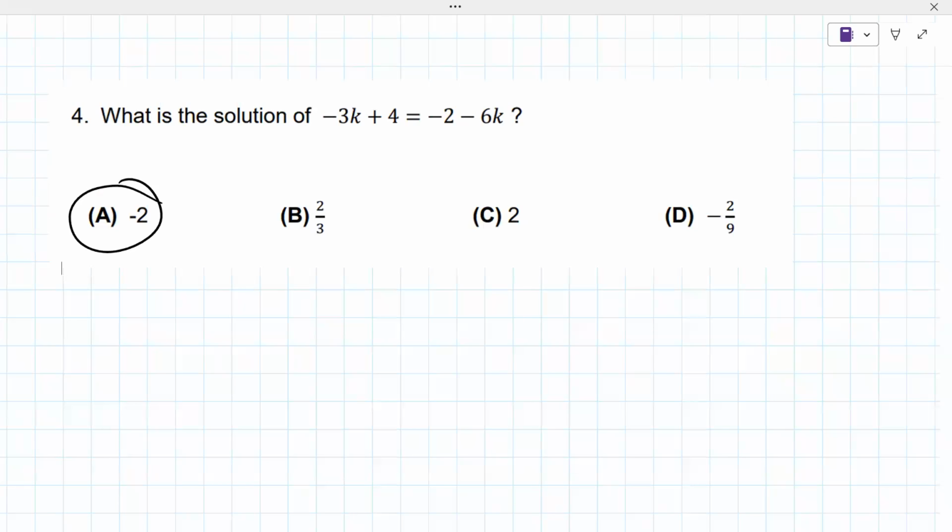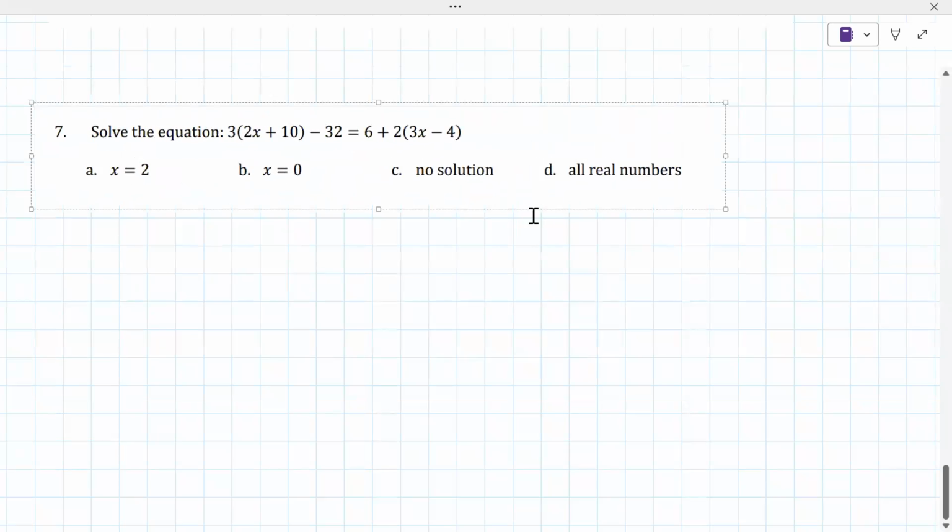Very good. Okay. Now this is where we take a little turn here in terms of solving. You'll sometimes see non-numerical answers on the SAT, like no solution, all real numbers, and you have to remember what those refer to.